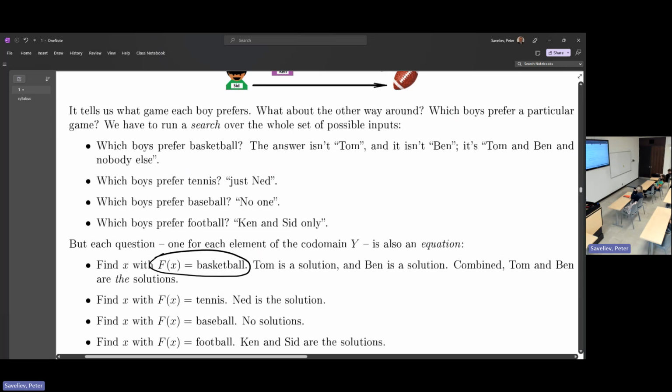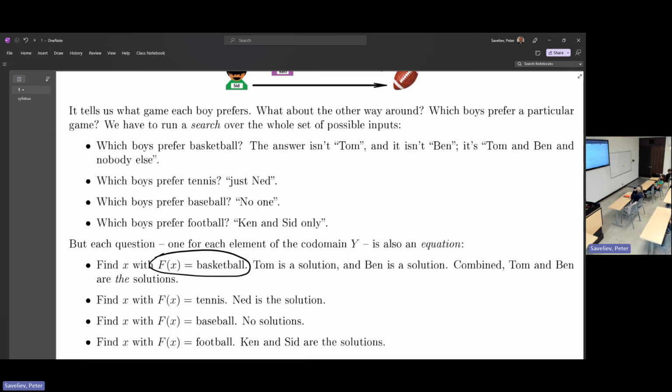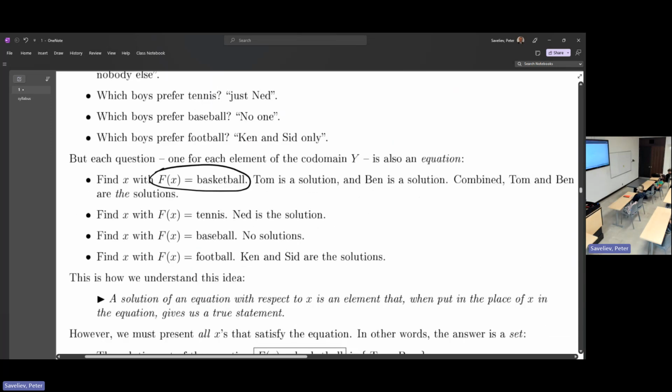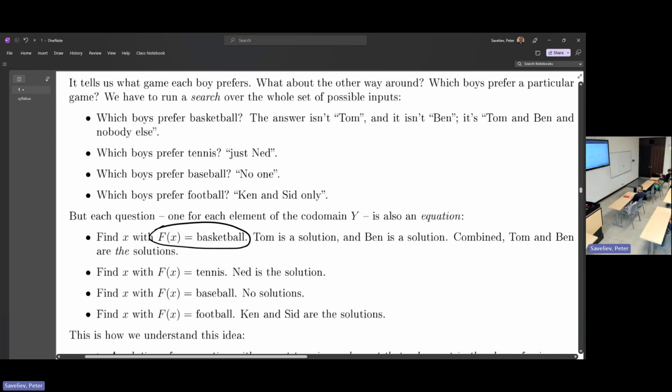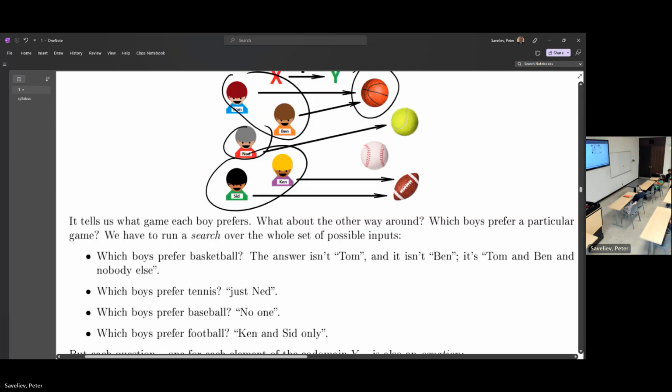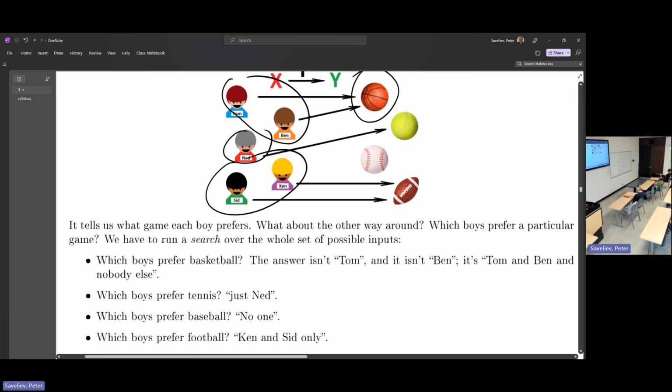As you can see, I put basketball, tennis, baseball, football on the right-hand side, and I'm supposed to find all x's. Which x's does it produce is a set every time. So we'll have one set, another set, a third set, and for baseball there is no set. Well, there is a set. It just happens to be empty.